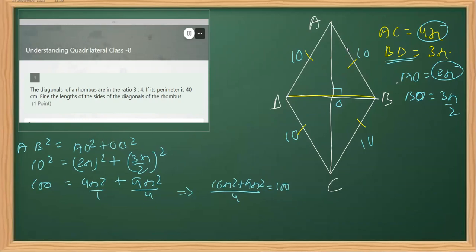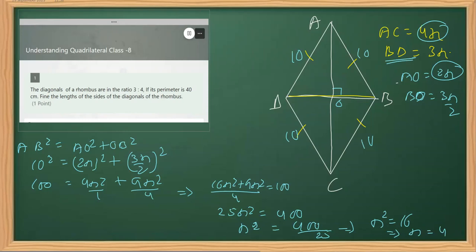On transposing 4 to the other side, it becomes 400, and this gives 25x square. Now this implies x square is equal to 400 divided by 25, so x square is equal to 16, which implies x is equal to 4.